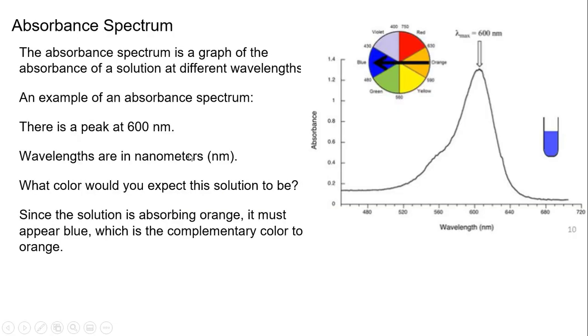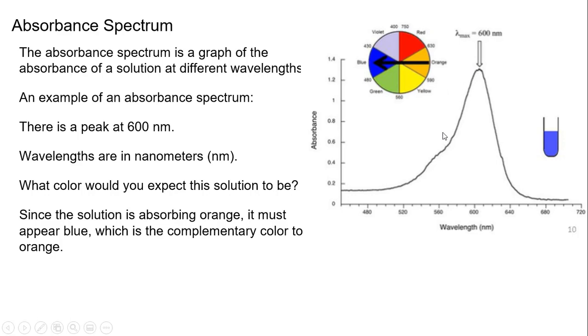And you have this color wheel you can always refer back to, to see what's being absorbed and what you're actually seeing. Absorbance spectrum. The absorbance spectrum is a graph of the absorbance of a solution at different wavelengths. If you take a look here, you have absorbance on one side, this is the Y value, and wavelength in nanometers, this is the X value. And you have a blue solution, and the best wavelength is at 600 nanometers.